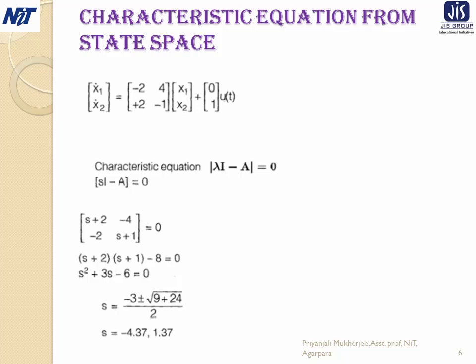Then we multiply s with it, so it will be s 0, and in the next row 0 s, and then we subtract A.